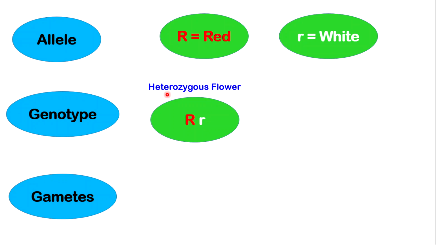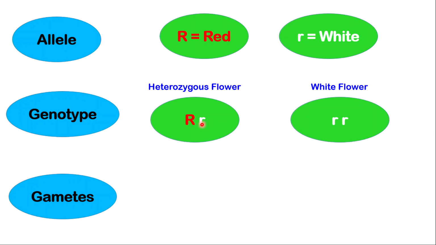Hetero means different. The other flower was white. Can that white flower have an uppercase R? Absolutely not, because once there's an uppercase R, that flower will be red. So the white flower has to be two lowercase r's.